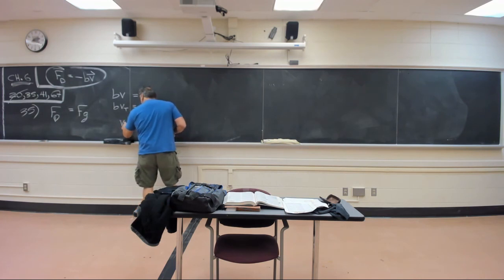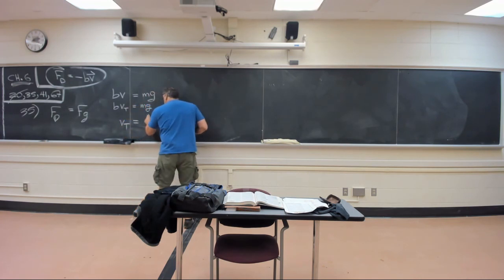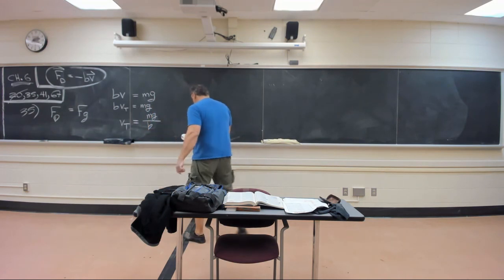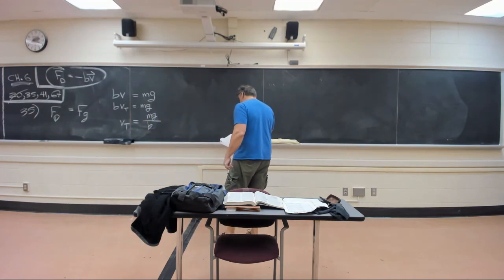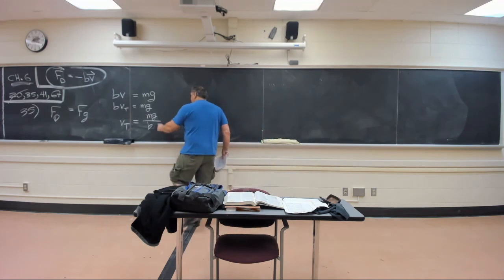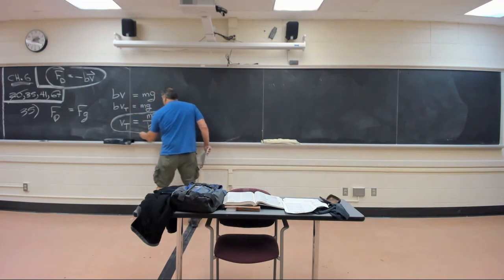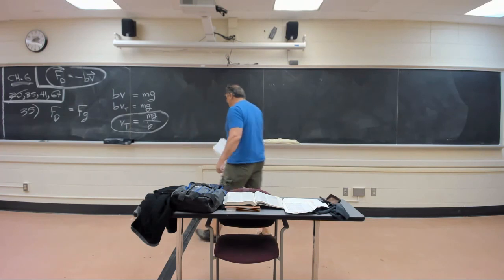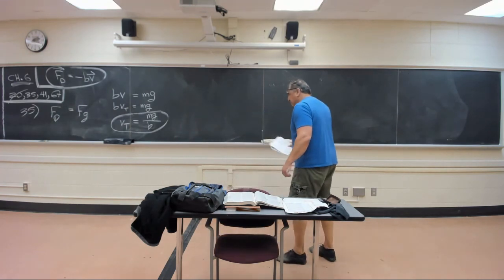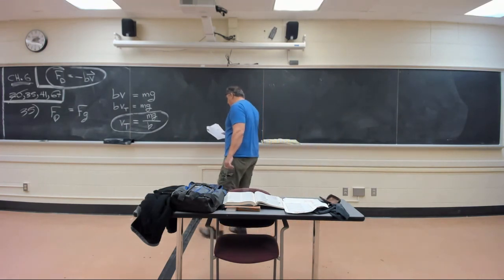And the terminal velocity is that. Okay, that is what the terminal velocity is. So from there, I guess we can figure out a whole bunch. Kind of keep it in our mind.